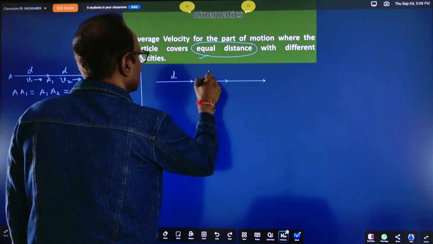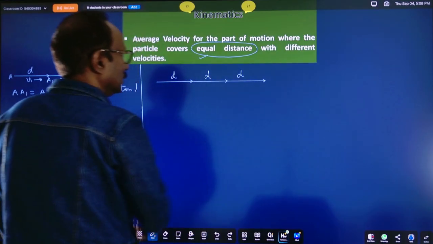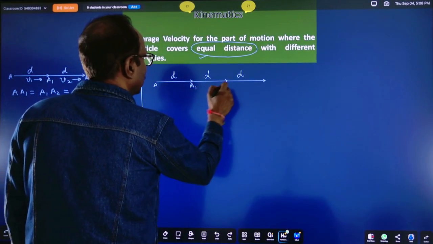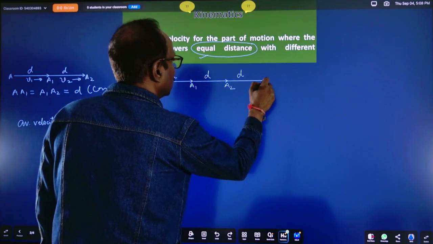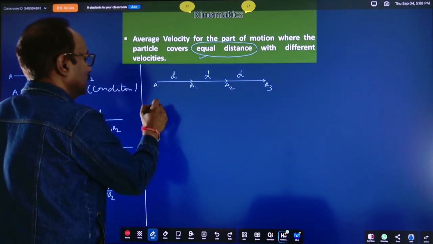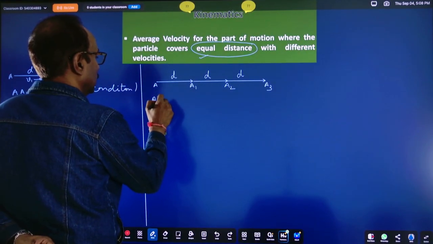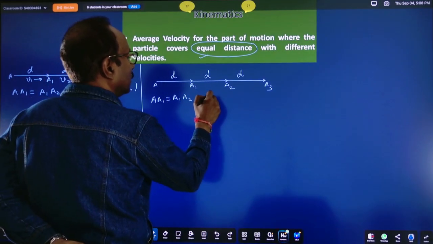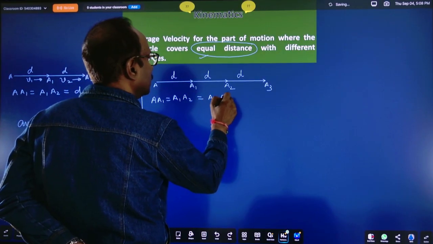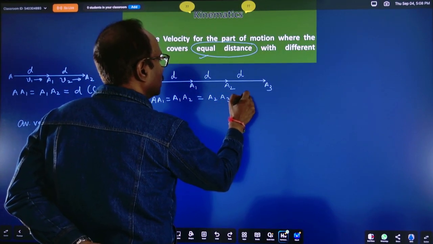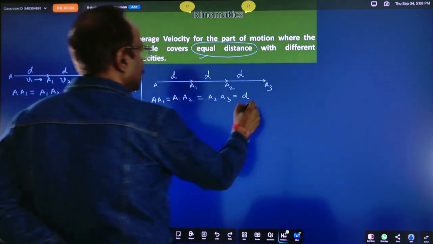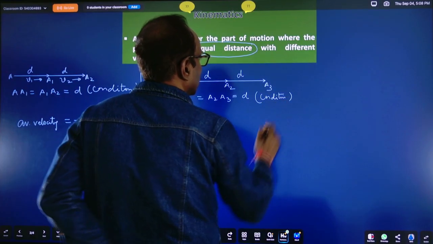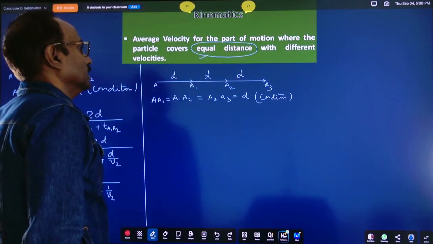D, D, D. A, A1, A2, A3. A A1, A1 A2, A2 A3 is equal to D. This is the condition. Means equidistance, equal distance.